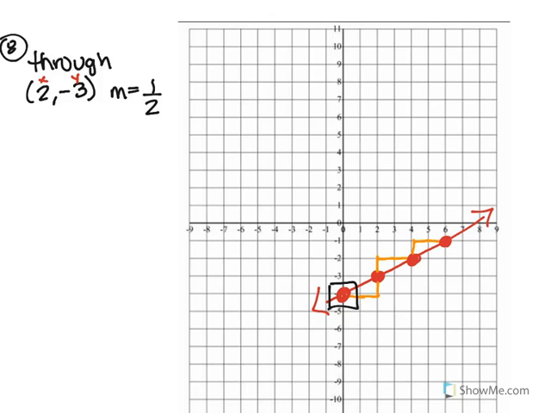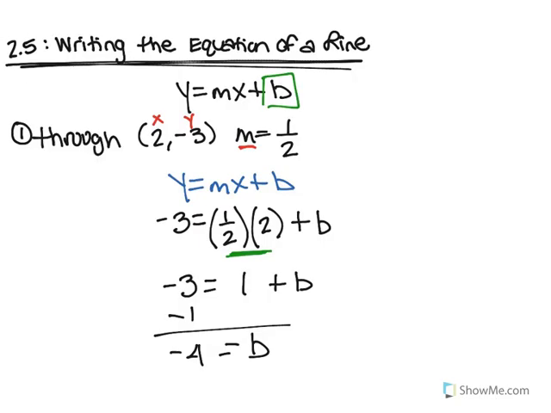Does it make sense? Now, all you have here are pieces, though. You don't have a quote-unquote equation. And you know an equation is made up of y, an equal sign, and an x. So now I've got to plug in my information. What I mean by plug in, you need to take that m and the b and write your equation.